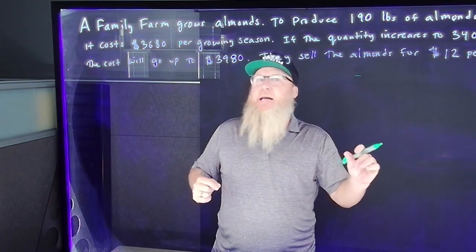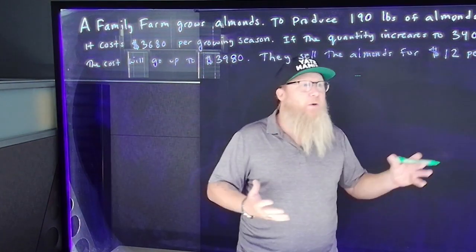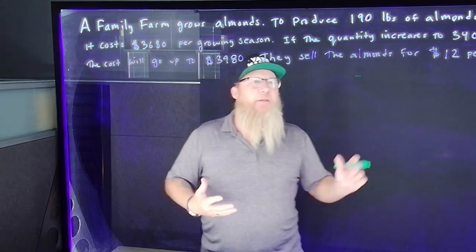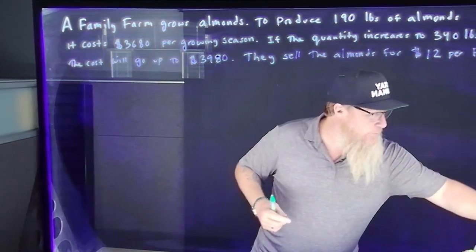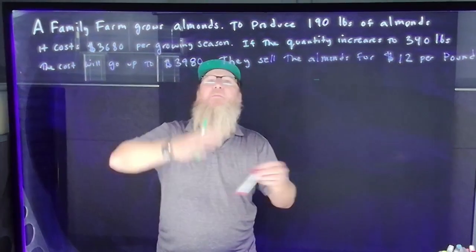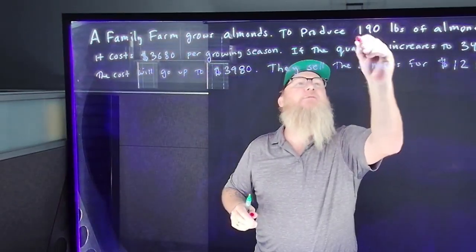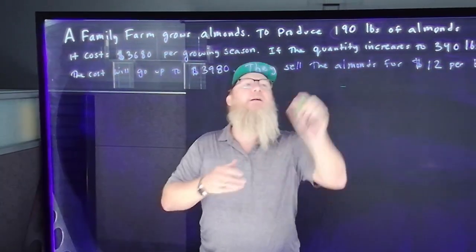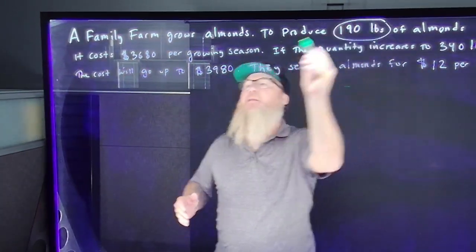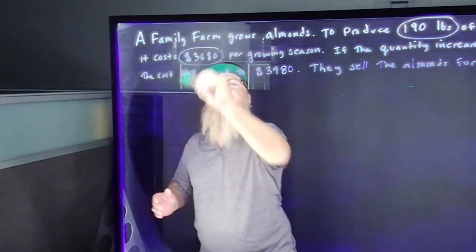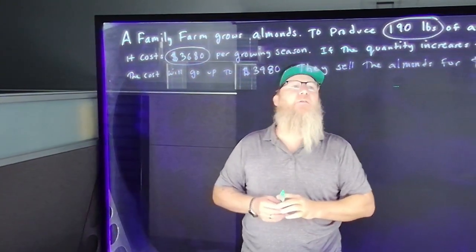So this is a business problem: revenue, cost, profit. The first thing we're going to do is read the question. We have a family farm that grows almonds. To produce 190 pounds of almonds, the cost is $3,680.